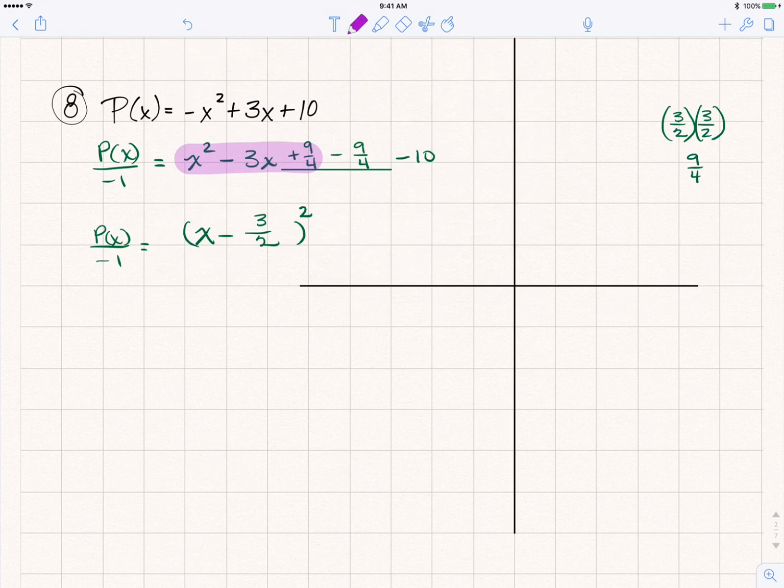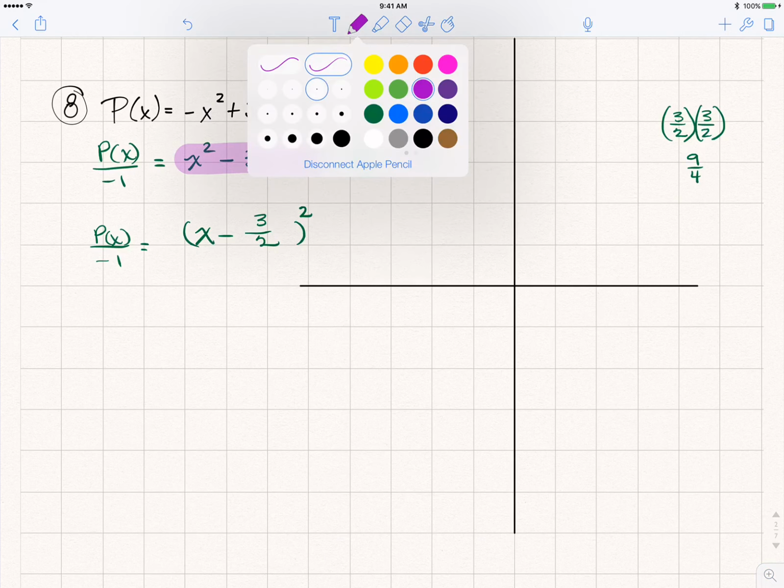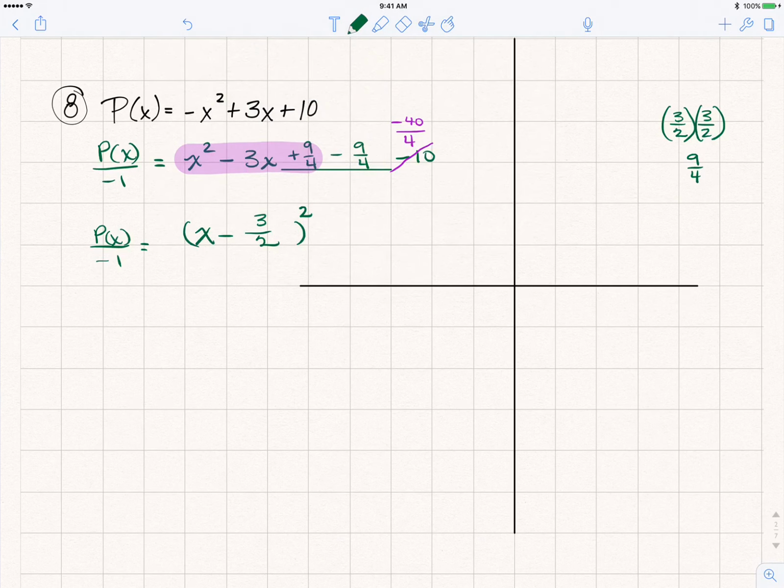Yes, your calculator can do this for you, but I'm going to get a common denominator, and I'm going to change -10 into -40 over 4, because 40 divided by 4 is 10. So now I'm going to combine -9/4 and -40/4, and that's going to give me a -49/4.